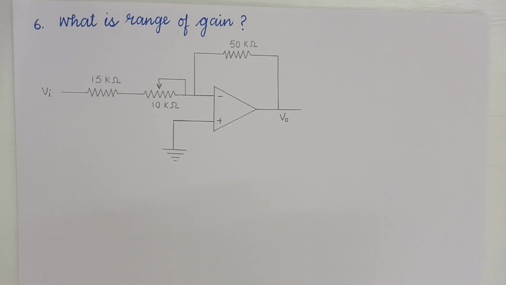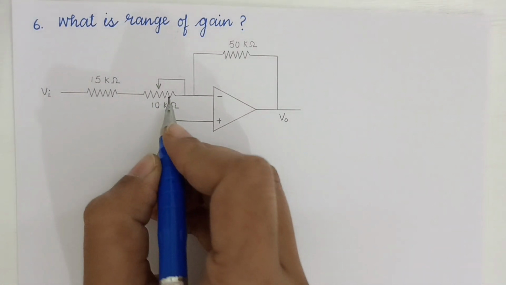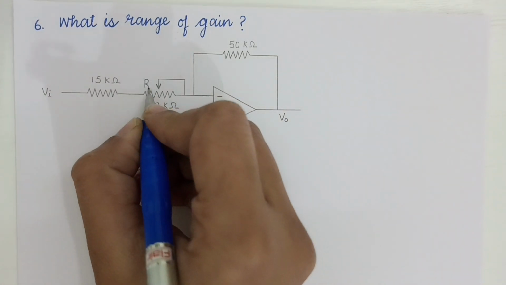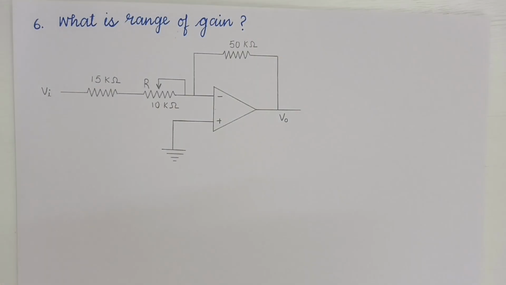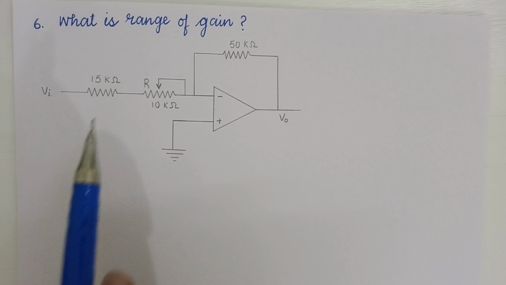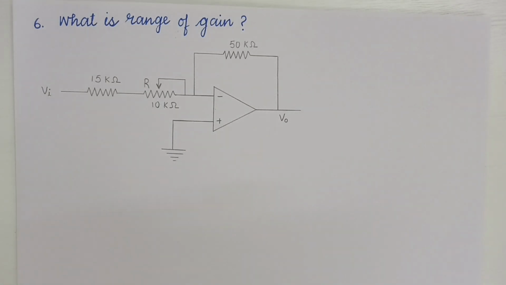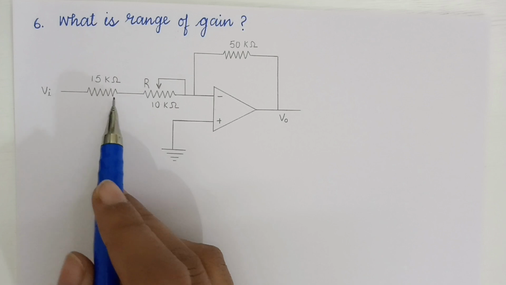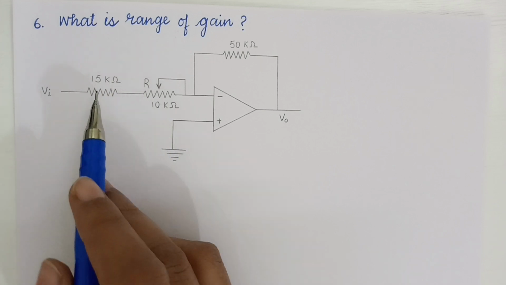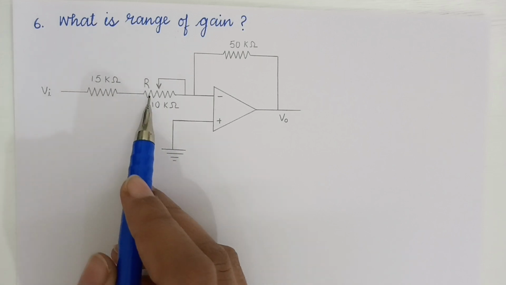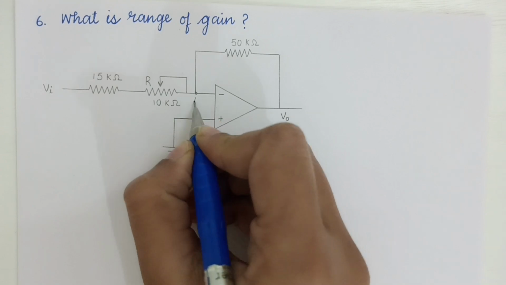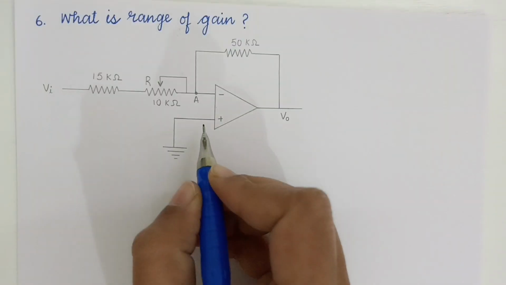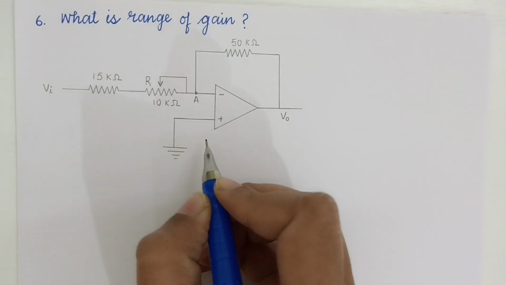So let's solve this problem by assuming, for now, this variable resistance as R, because it can vary and can have any value between 0 to 10. That's why we have taken it as R. Now see, these two resistances are in series, so simply adding them, we will write it as 15 plus R, and let this point be A. And as this is grounded, it means it is 0.